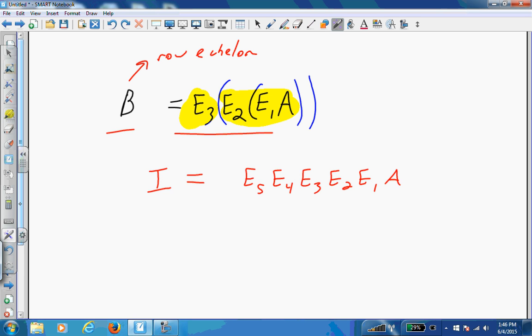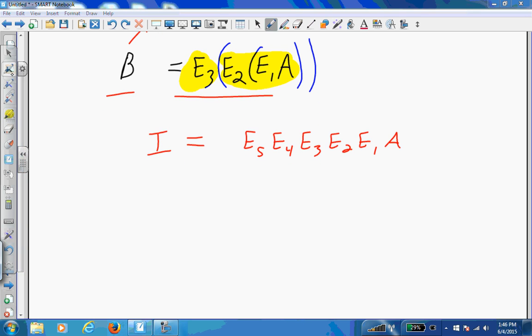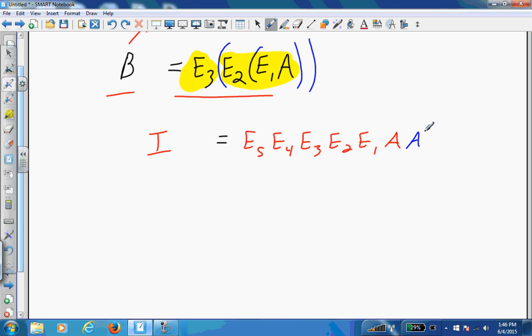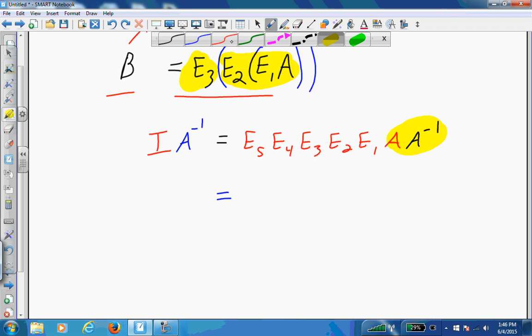Then notice, if we were to take both sides of this equation and multiply by A inverse on the right side, notice here, A times A inverse yields the identity matrix. Anything times the identity matrix is itself.